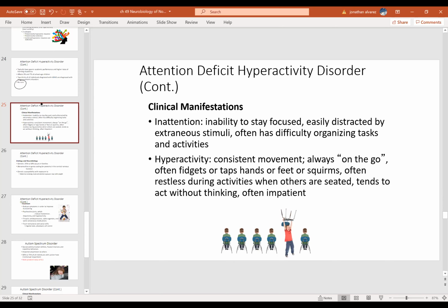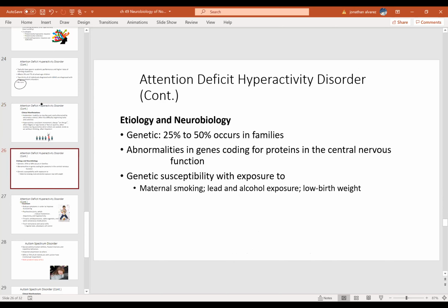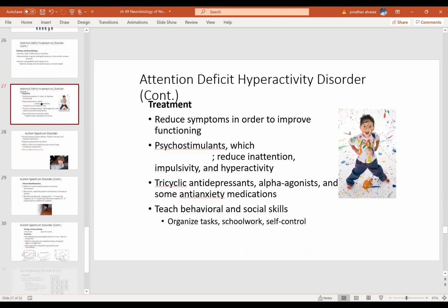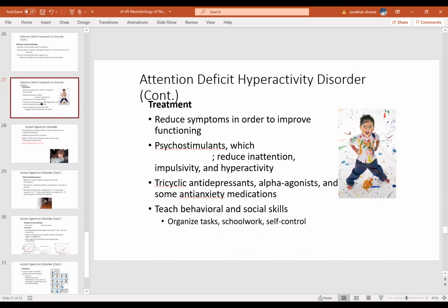So you're always wanting to move, fidget, you're always on the go. Reducing symptoms will help and improve the impulsivity, the hyperactivity.